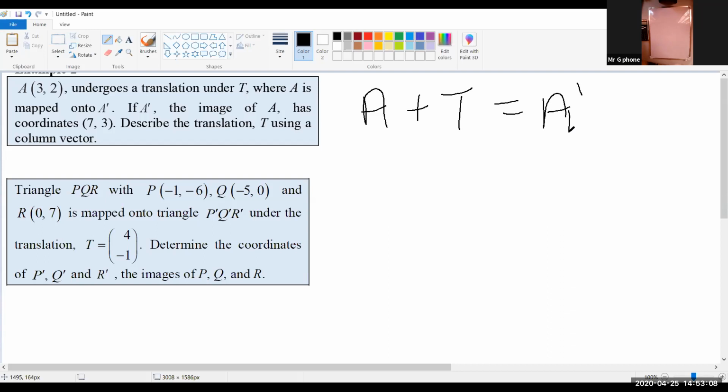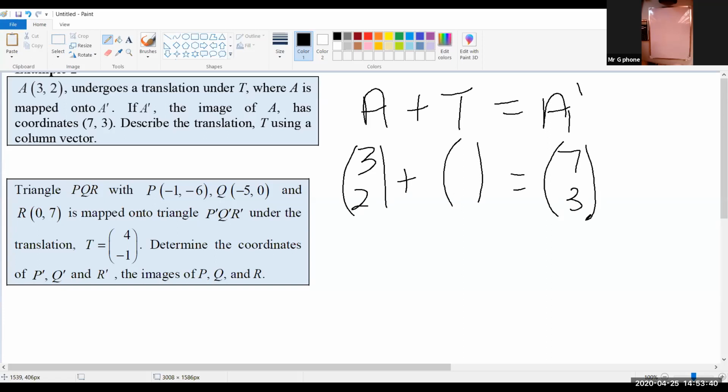So you'll see here that we have to find T. You all notice that? Yes, people? It's T we had to find. Oh yes, I meant to say that. My bad. So A, which is (3, 2), something was added to it here to give us (7, 3).